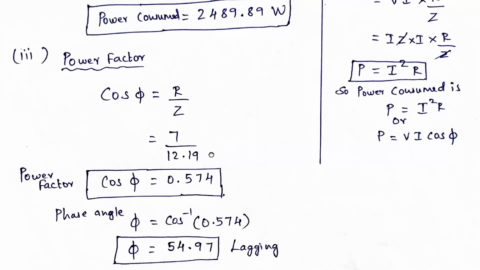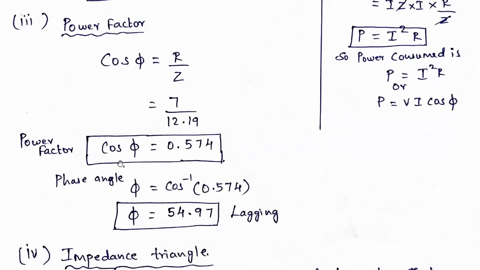Substituting, we calculate cos phi, that is the power factor, and we get 0.574. Now we calculate the phase angle. Phase angle phi is equal to cos inverse of 0.574, so phi we get as 54.97 degrees. That is lagging. So why is it lagging?